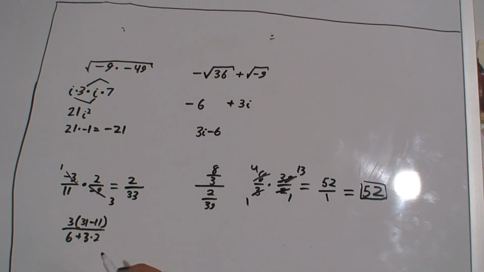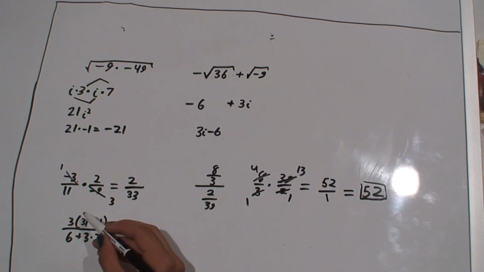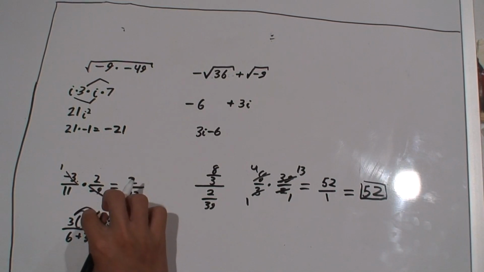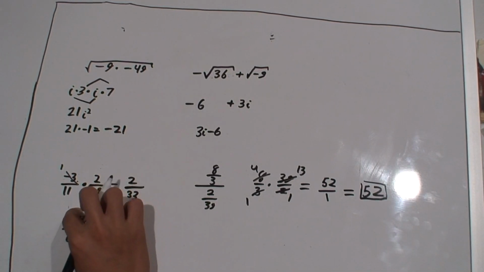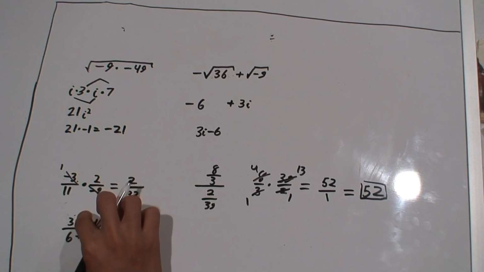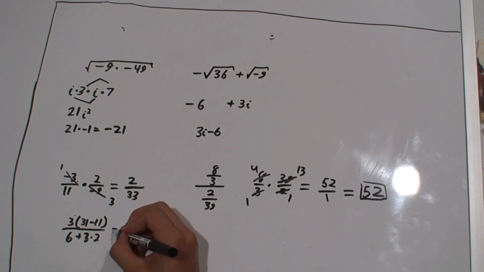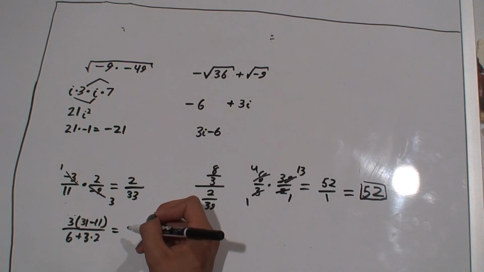Now, you could go about this two ways on the top. You could either use the distributive property to distribute this into the parentheses, or you could use the simpler route, and since they are already in the parentheses, you could just perform this operation inside, which is what I am going to do.